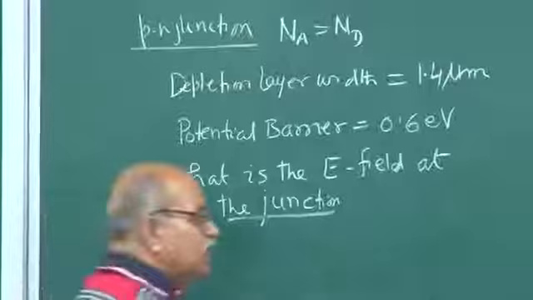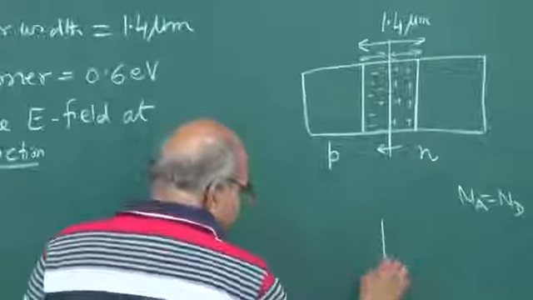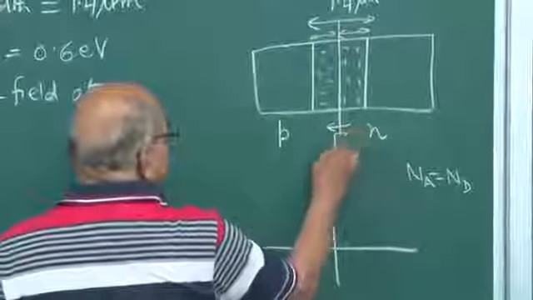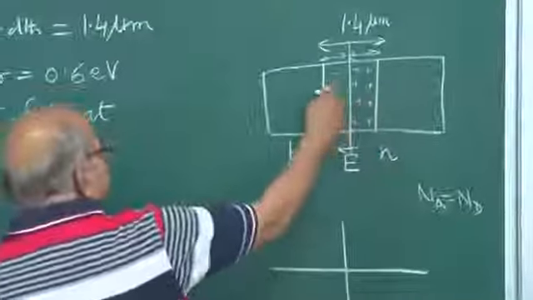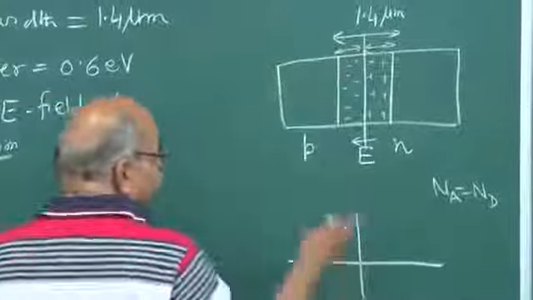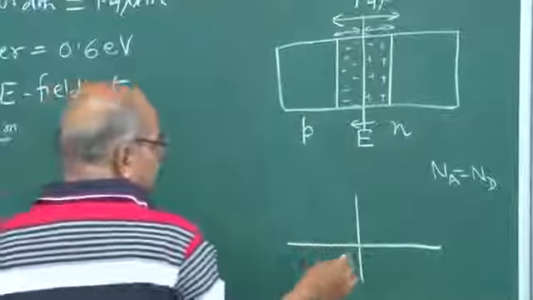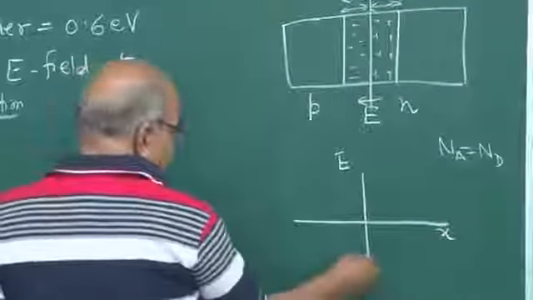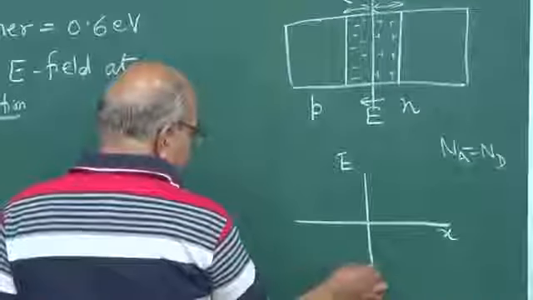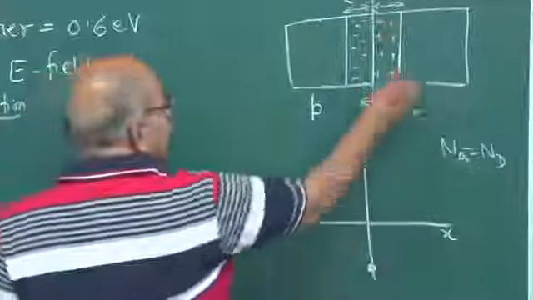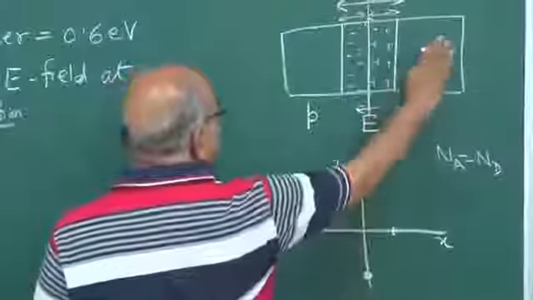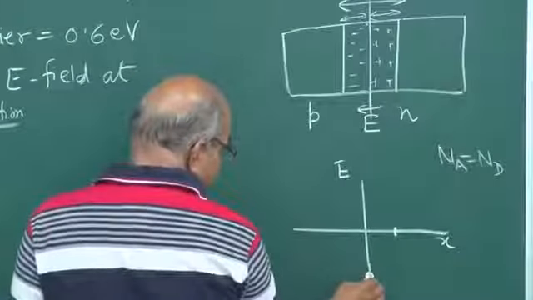If you remember, this electric field will be in this direction, positive side to negative side, and therefore it will be negative in the usual diagram. So if E is here, x is here, then you have electric field somewhere here, and when the depletion layer ends, the electric field becomes 0. The electric field is 0 here, and it is linear.